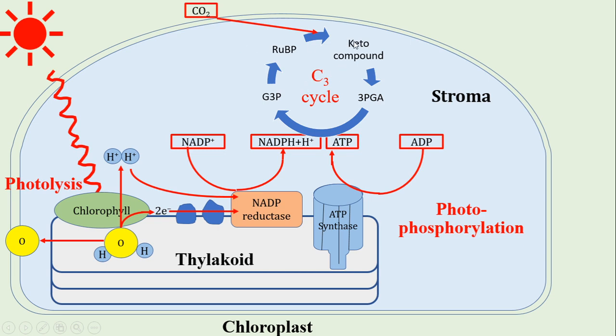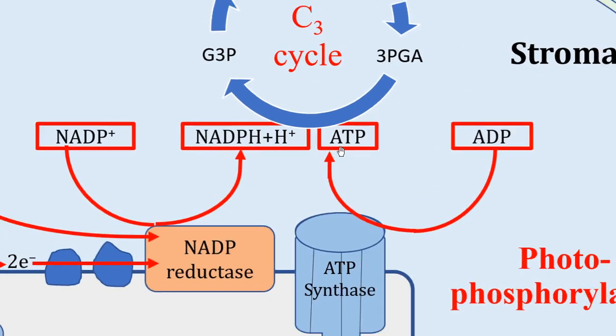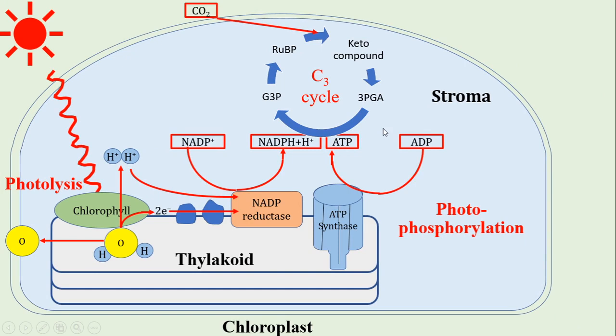Then this keto compound transforms into 3-PGA, 3-phosphoglyceric acid. The 3-phosphoglyceric acid is the first stable compound of the C3 cycle. Then this 3-PGA converts into G3P, glyceraldehyde 3-phosphate, and during this conversion the energy of ATP and NADPH is used to facilitate this conversion to G3P.